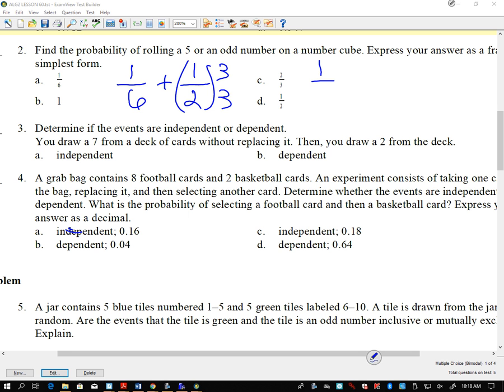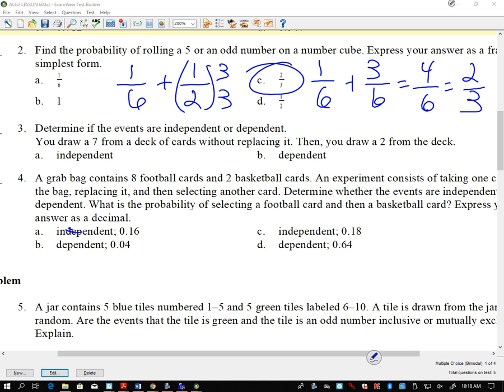So I'm getting 1/6 plus 3/6. Somebody go down to the bottom and check. Is 2/3 my answer? Okay, so we don't multiply.